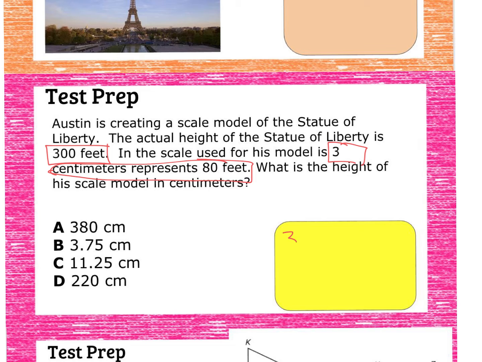So we have 3 centimeters represents 80 feet, and then we have 300 feet for the actual height. So 300 will be at the bottom, and it's going to be x on the top, and then you can cross multiply them. We good?